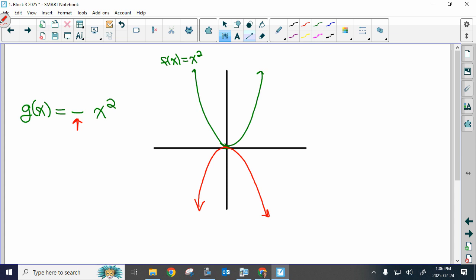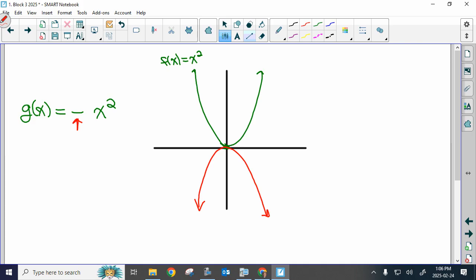As soon as you go from this to this, your end behavior changes because you went from Q2 to Q1, and now we're Q3 to Q4. Did you guys see that? End behavior. Domain is still all real numbers, but your range changes. Our range went from y is greater than or equal to 0 to y is less than or equal to 0. Do you guys see that reflection across the x-axis?